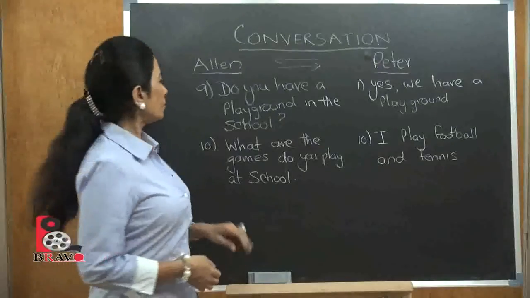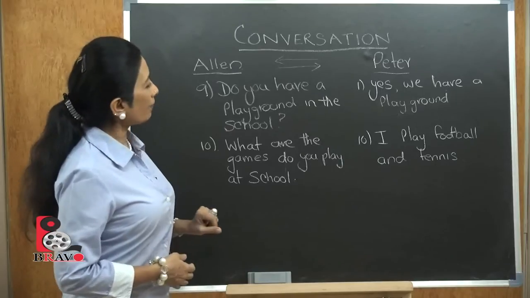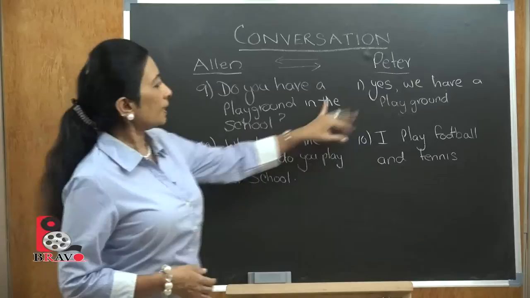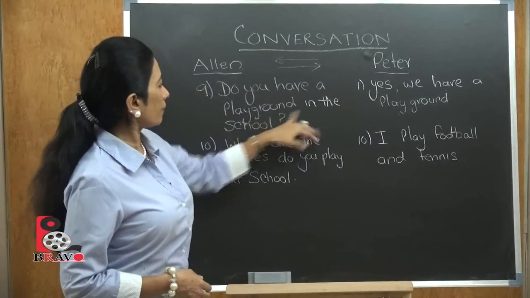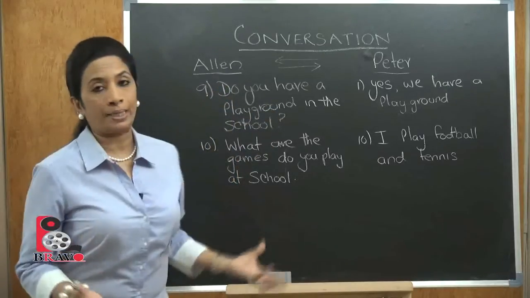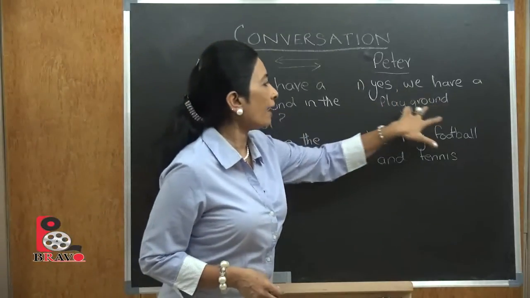Okay, moving down to the 9th question that Alan has for Peter. Do you have a playground in the school? So the answer is yes. A playground is where everybody plays, not only himself, not only Peter. So he says yes, we have a playground.